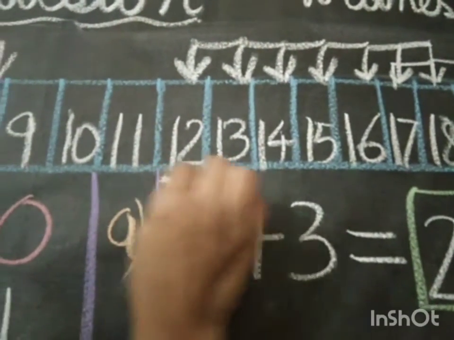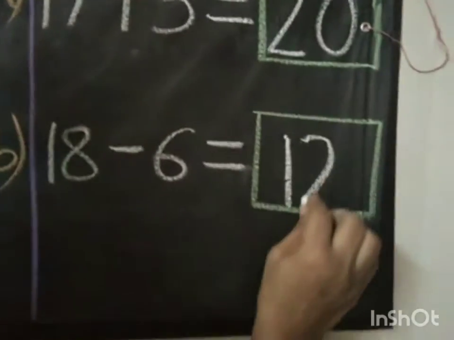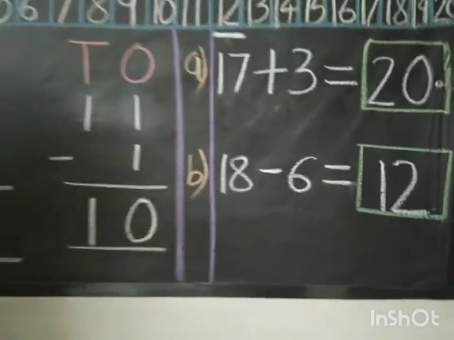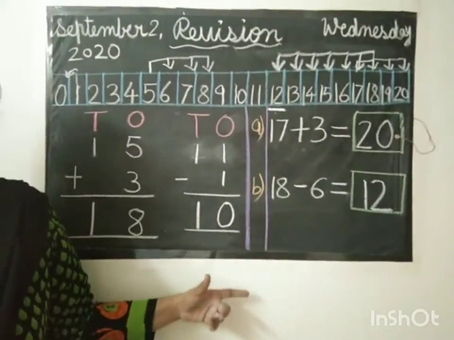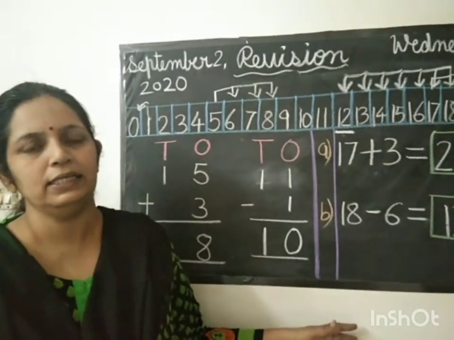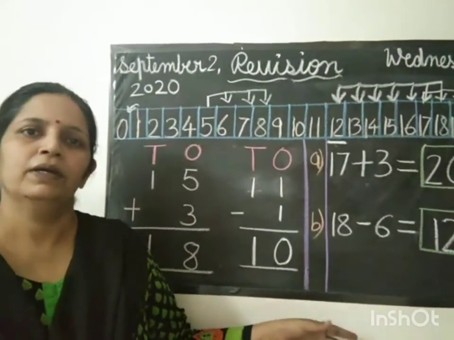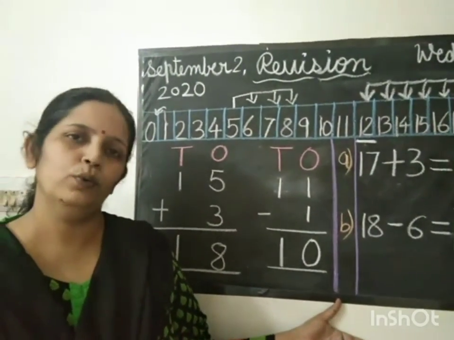So we have stopped here on number 12. So the answer is 12. In this way you can add or subtract by using the number strip. I hope you all understand this. Please revise the chapters at home nicely. Do practice and do well. Thank you.